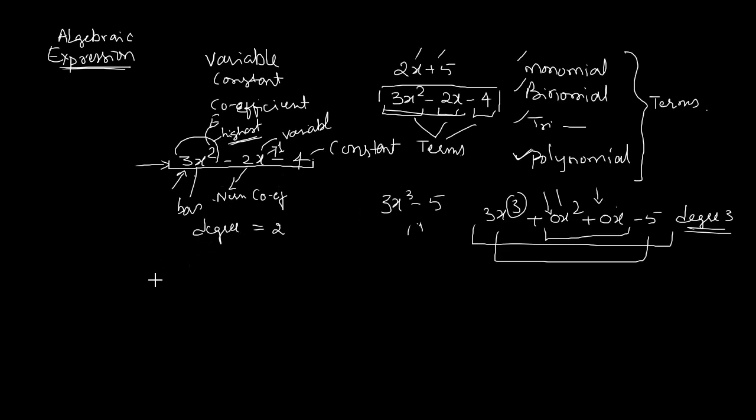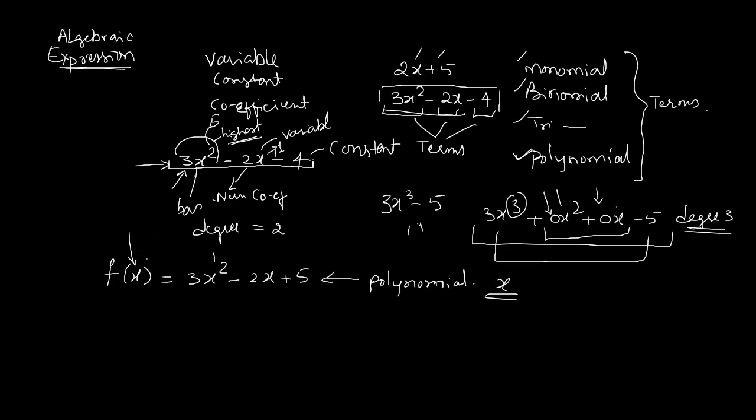So now let's come back to some examples of polynomials. If I take a polynomial 3x square minus 2x plus 5, I can call this a polynomial in variable x.